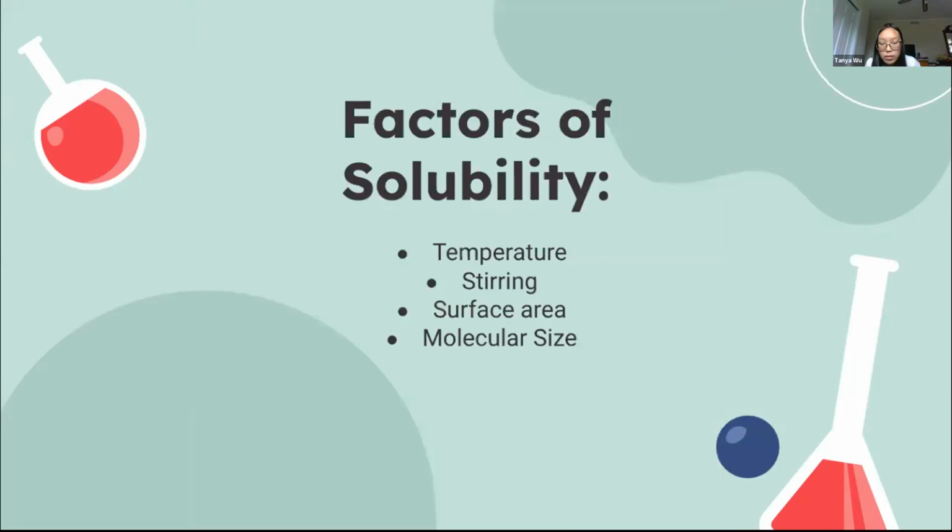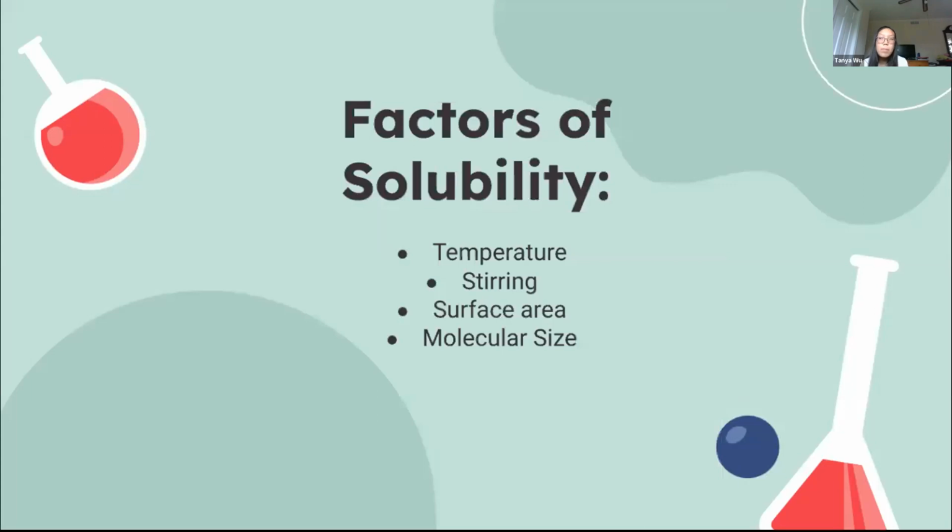Factors of solubility: temperature, stirring, surface area, molecular size. Temperature is the average kinetic energy of that substance. If it has more kinetic energy, the molecules are bouncing around more and it has a higher temperature. Whereas if it's bouncing around less, that's less kinetic energy and therefore lower temperature.